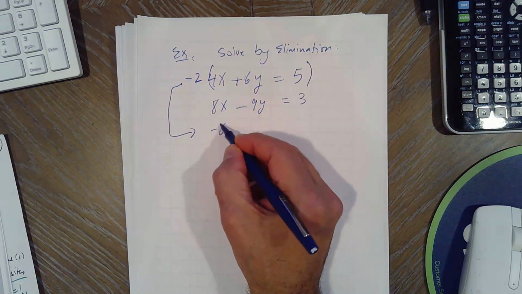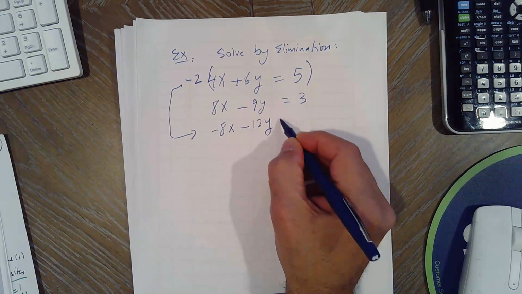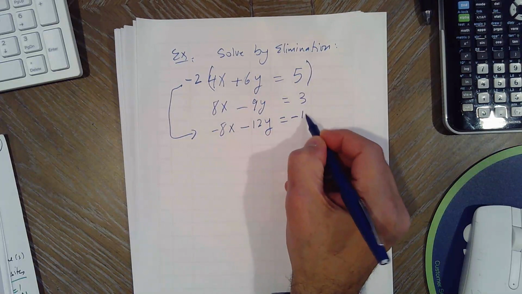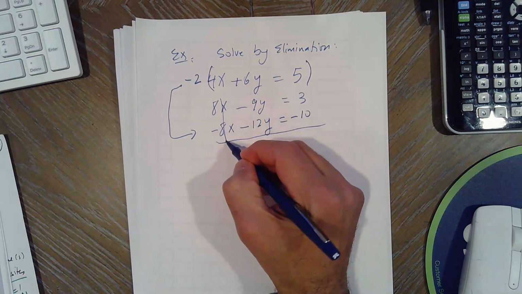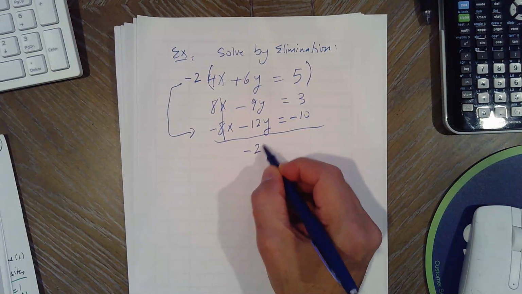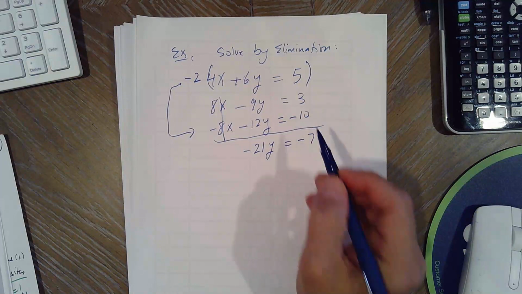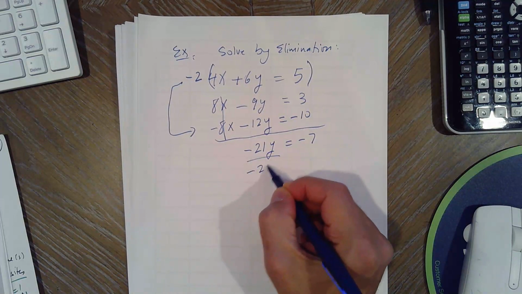So negative 8x, negative 2 times 6y is negative 12y, and then negative 2 times 5 is negative 10. The x's cancel out. Negative 9y plus negative 12y is negative 21y. And that's negative 7, 3 plus negative 10. Divide by negative 21.